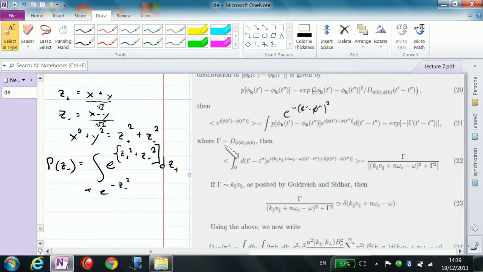All right. Gamma is just this. But you need to divide by the... So the way you do this is that you complete the square.